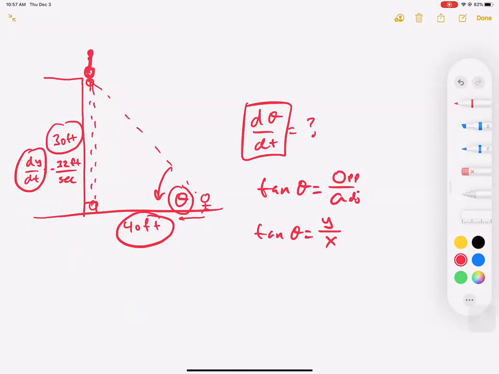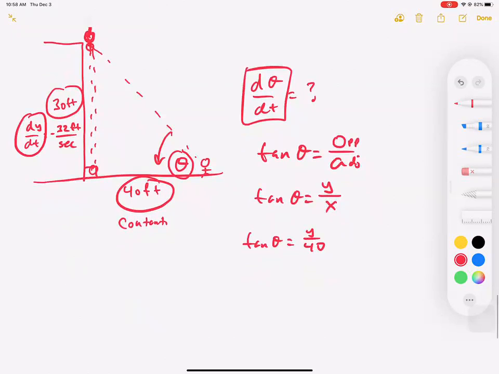No. Nope. If this was a baby, yes. But if it's a ball, nope. So the constant part here is her distance away. So we can actually rewrite this: tangent of theta is equal to y over 40. You guys cool how I made this problem a little bit easier with fewer variables?